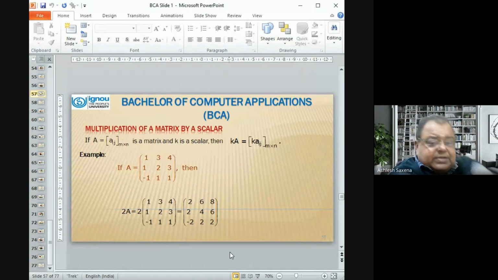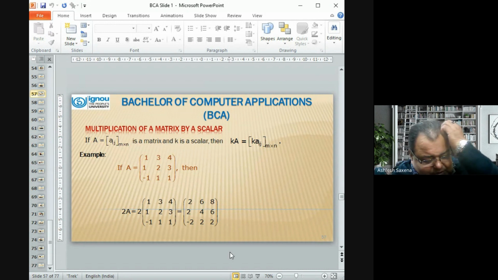Now, this is something very interesting. Multiplication of matrices. First of all, we will start with multiplying a matrix with a scalar number.